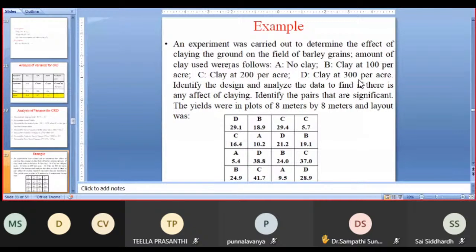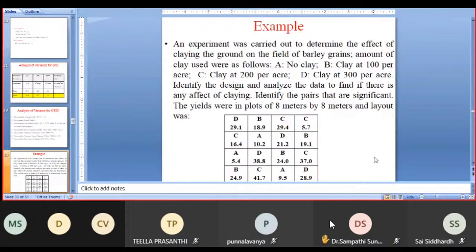Now we are conducting the experiment on some particular land area and collected the yields, and these treatments are applied at different places. I got 29.1, 21.2 as the yields that are collected.